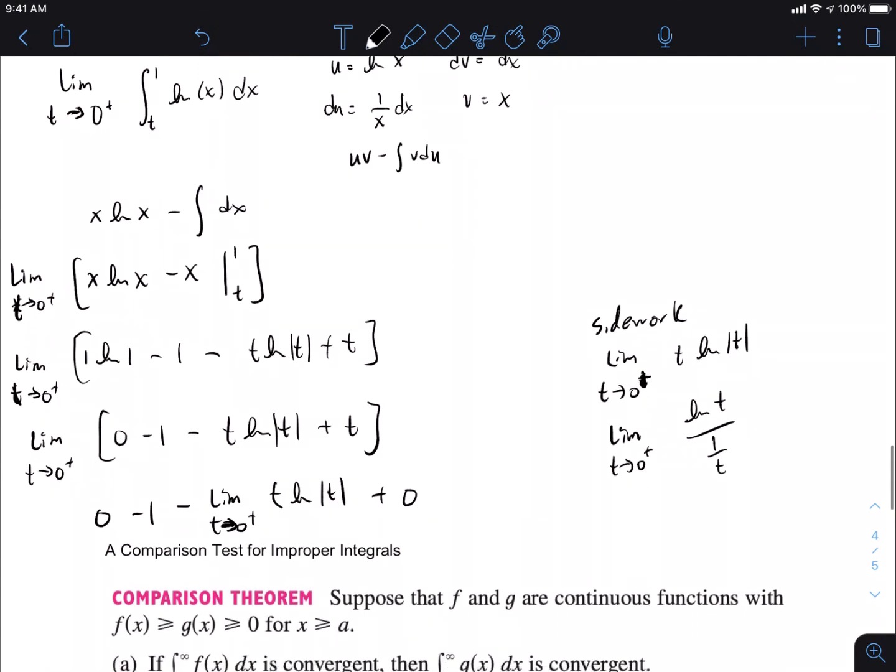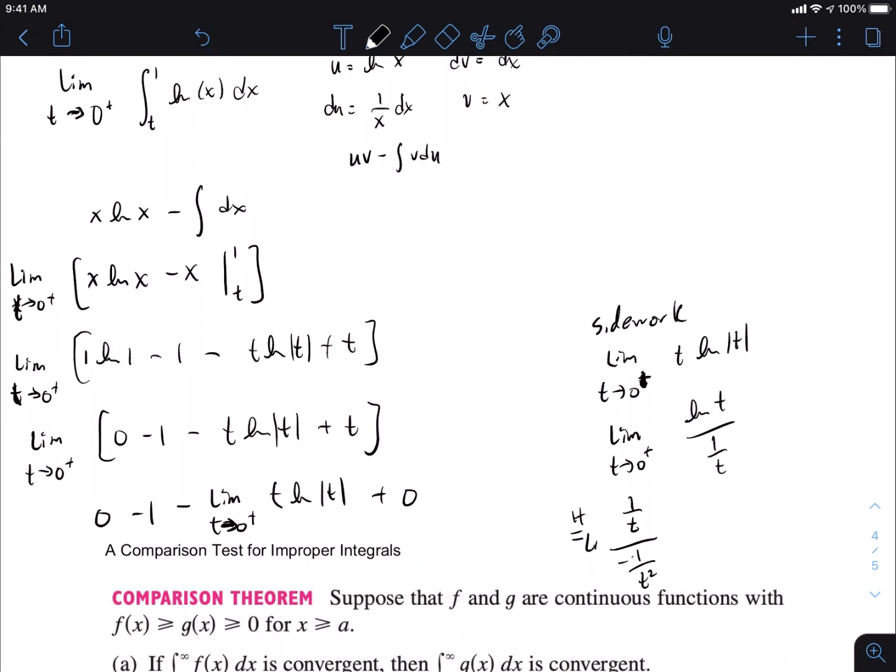So then from there, if I apply the limit, don't I get negative infinity over infinity? Yes. Right? So that tells me then that I can use L'Hopital's rule, and I'm going to get 1 over t over a negative 1 over t squared.